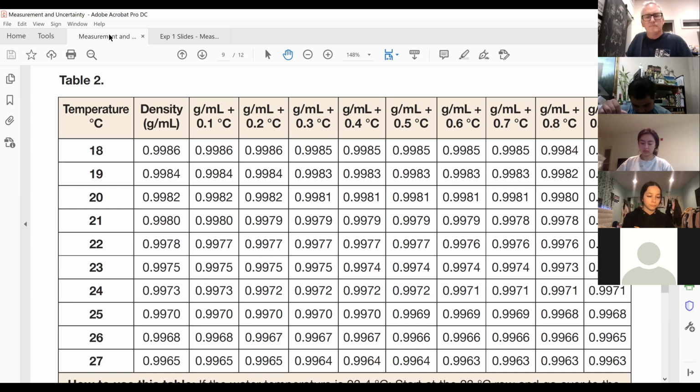So I'm on data table 2, and I've measured the mass of the empty, and now I'm measuring the volume.